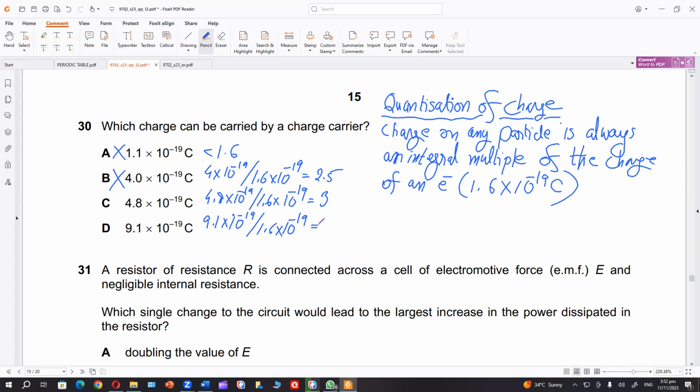Now this one, 5.68 to the power minus 30. No, then how can the power be coming? Power should be decreased because the power is cancelling. They are both 10 power minus 19. It's just 5.68.